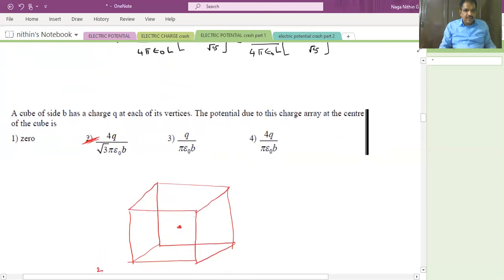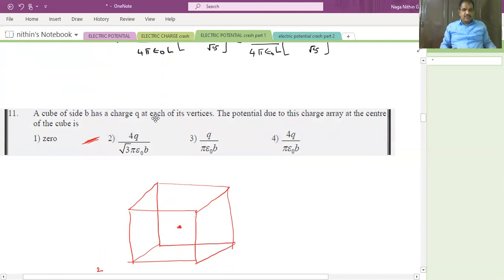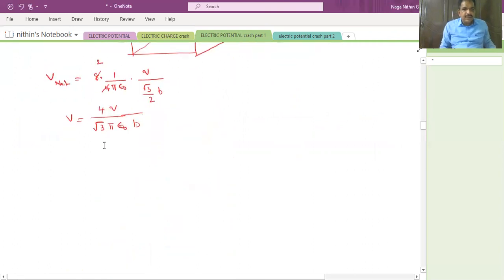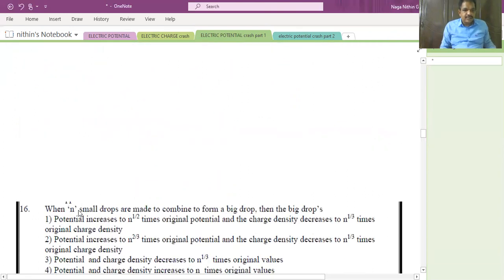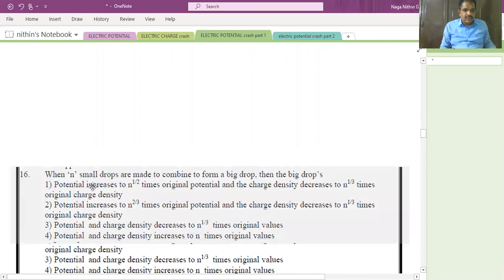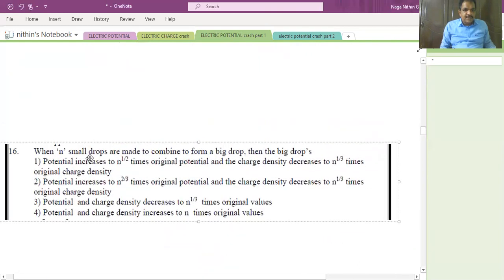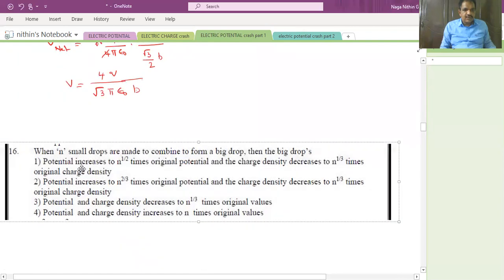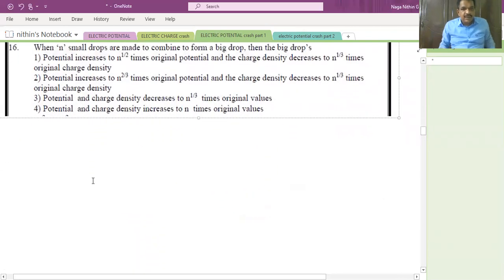Okay. Next, after finishing this, see the next question. N small drops are there. They are made to combine to form a big drop.